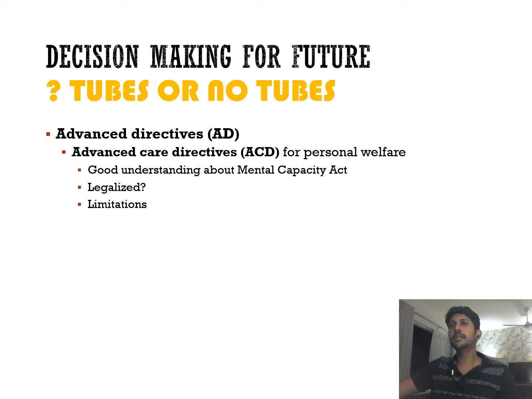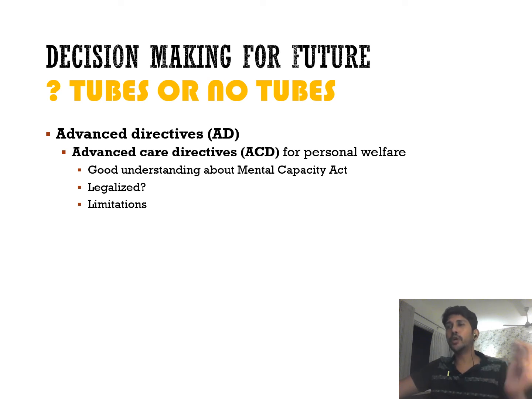So advance care directives are legal forms of documentation where the patients document their preferences for especially life-sustaining treatments such as cardiopulmonary resuscitation or ventilators, artificial nutrition and hydration that would sustain the patient's life without giving a survival benefit.